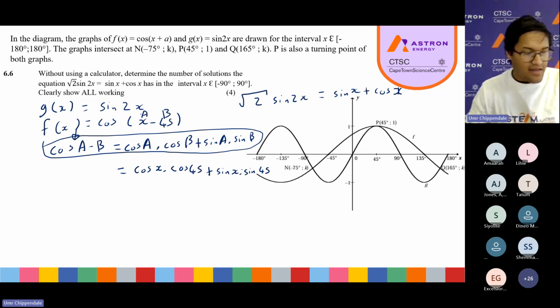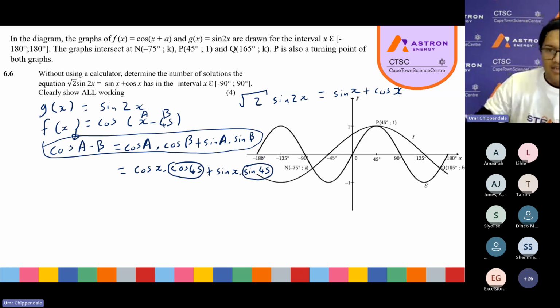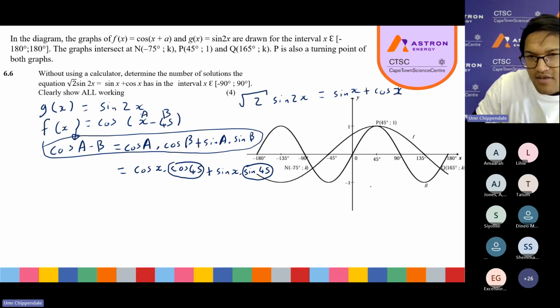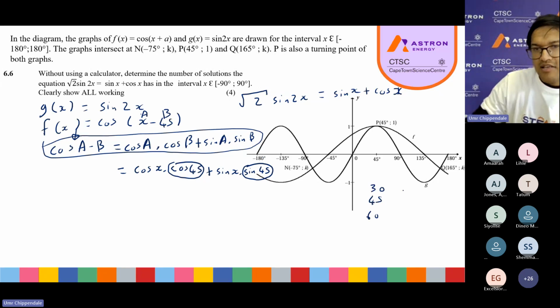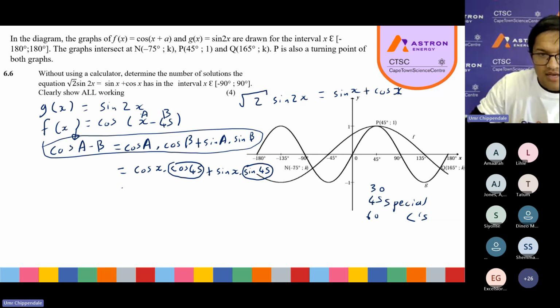Okay, now that we have it like this, what should actually ring a bell now are these two, this one and this one. Both of them have a 45 within them. And we said whenever we have a 30-degree angle, a 45-degree angle, and a 60-degree angle, those all are special angles, right? So now we can write this out.